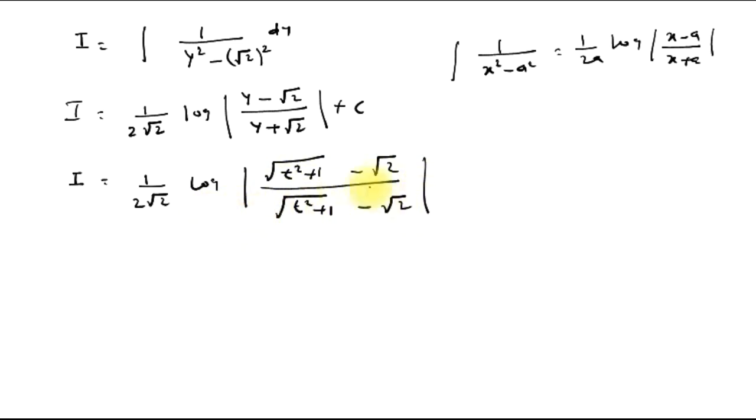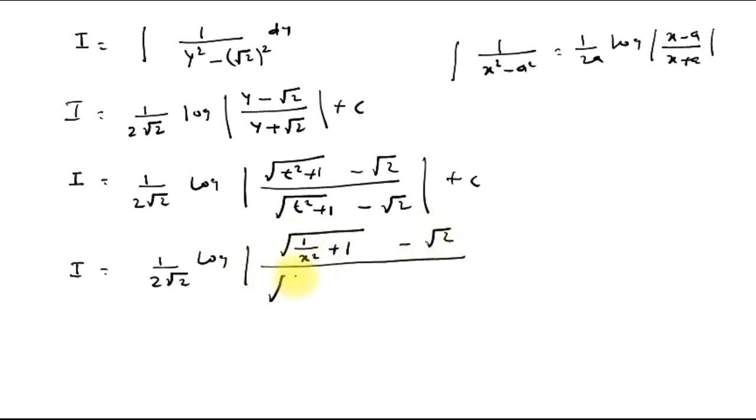Now again we substitute the value t is equal to 1 by x, then I becomes 1 over 2 root 2 log mod of under root 1 over x square plus 1 minus root 2 divided by under root 1 over x square plus 1 plus root 2, plus some constant c.